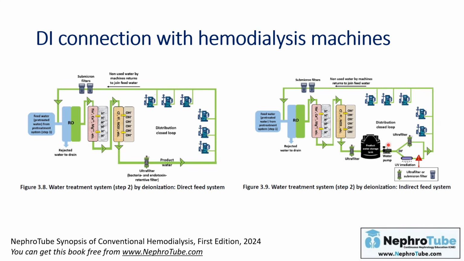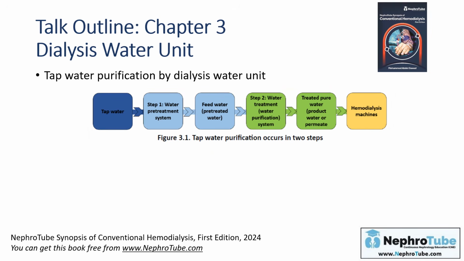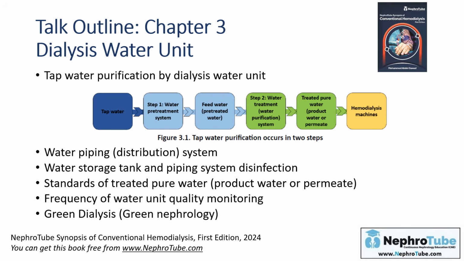So it is not logical or common to put a tank after a deionization. Now we finally formed the treated pure water that can reach the hemodialysis machine to form the dialysate.